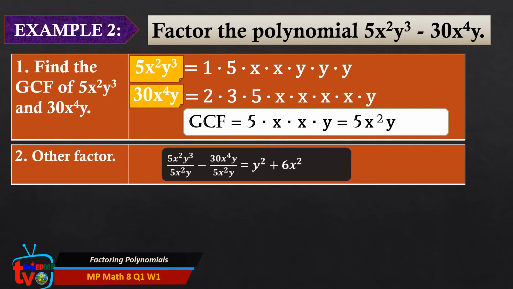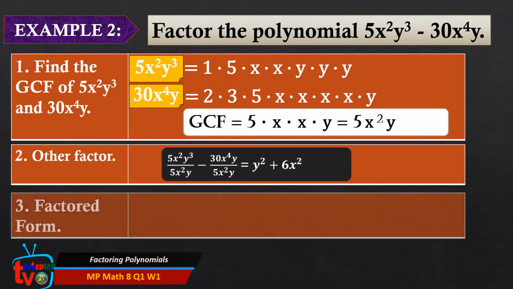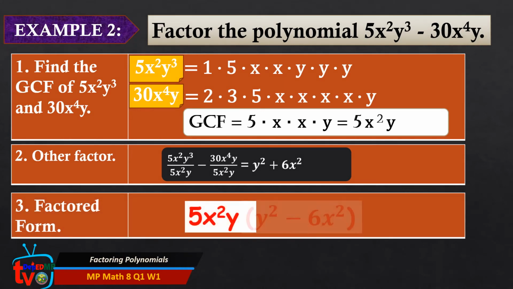So the other factor is y squared minus 6x squared. Now with the GCF and the other factor, we have the factored form of 5x squared y cubed minus 30x raised to 4 y, which is 5x squared y times the quantity y squared minus 6x squared.